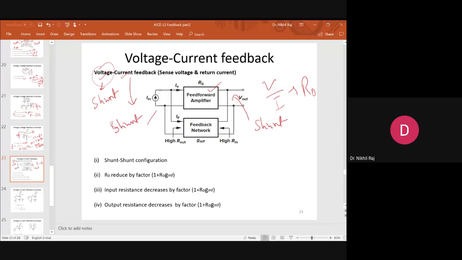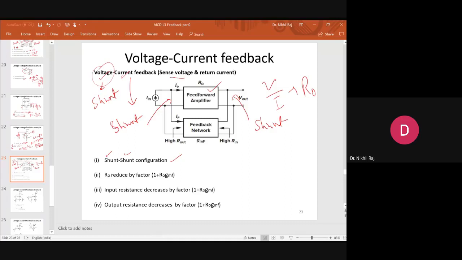Okay, so now when I see a shunt connection at the output, a shunt connection at the input, it is also known as shunt configuration.